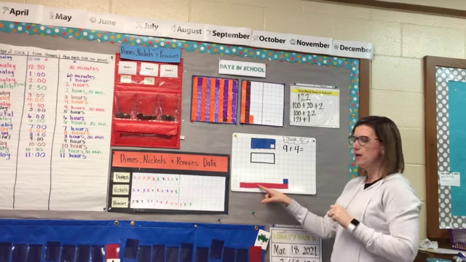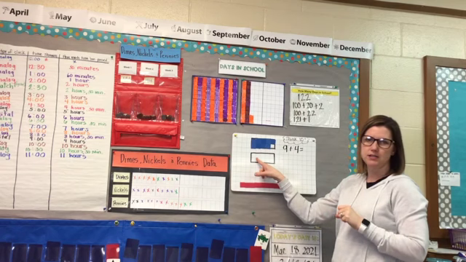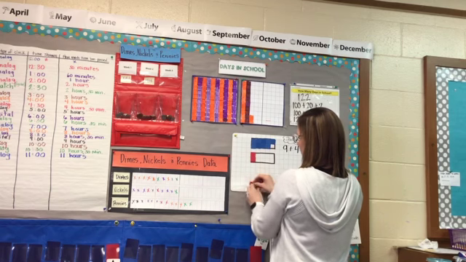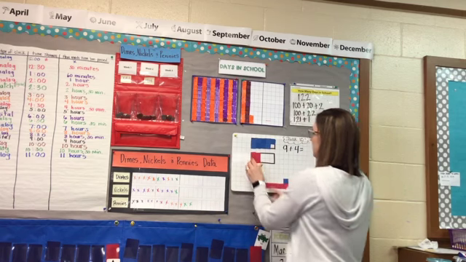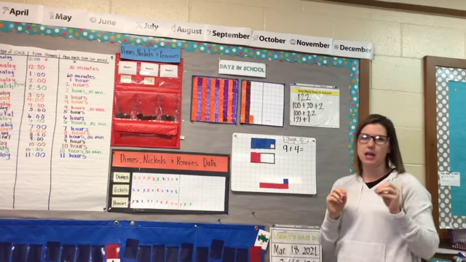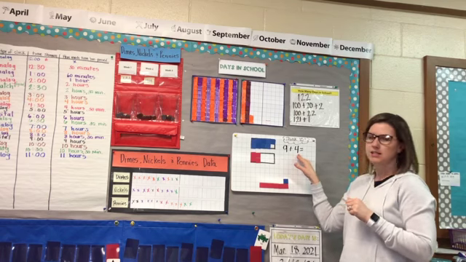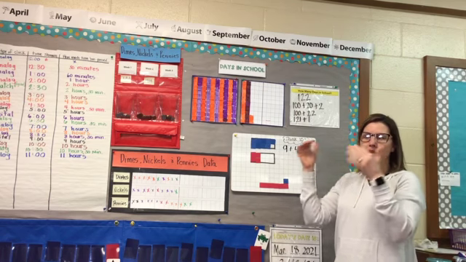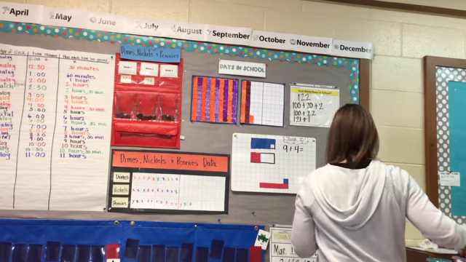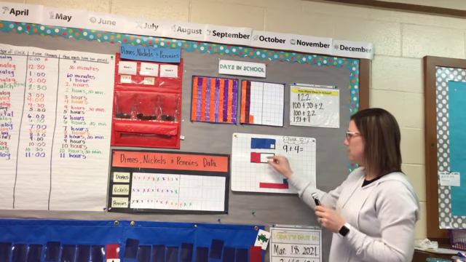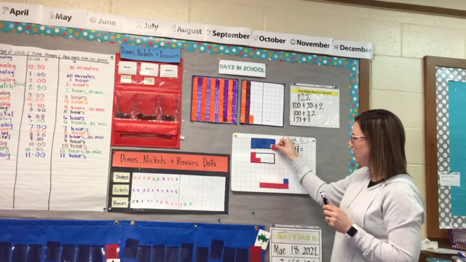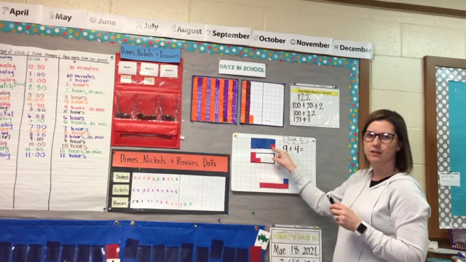Now I'm going to use my red squares and fill in my second 10 frame. So 1, 2, 3, 4, right? 9 plus 4 more. We call this Think 10 because an easy way to add is when we make a 10 first. Because 9 plus 4 can also be, now watch what I'm going to do. I'm going to take one of my squares from the 4 and move it up here.